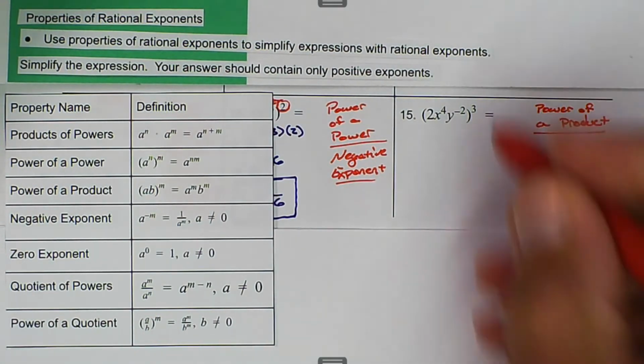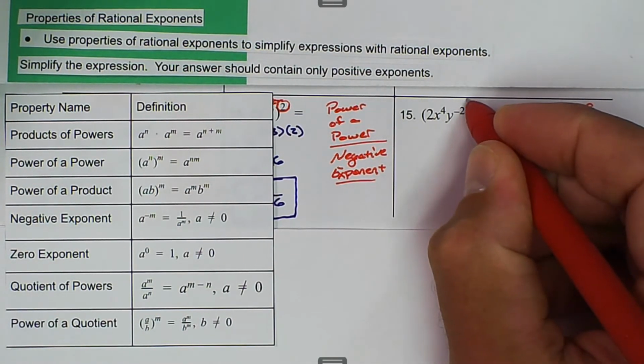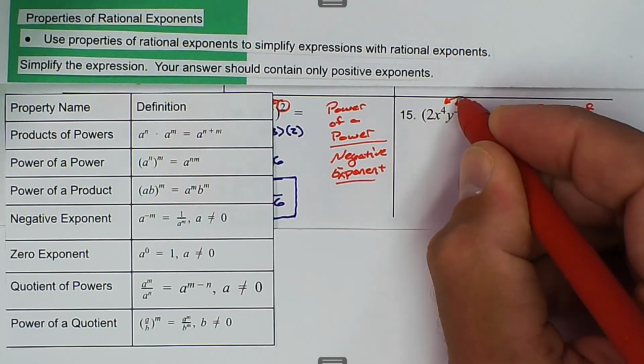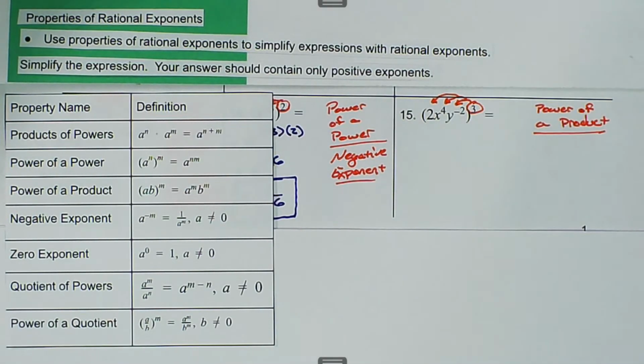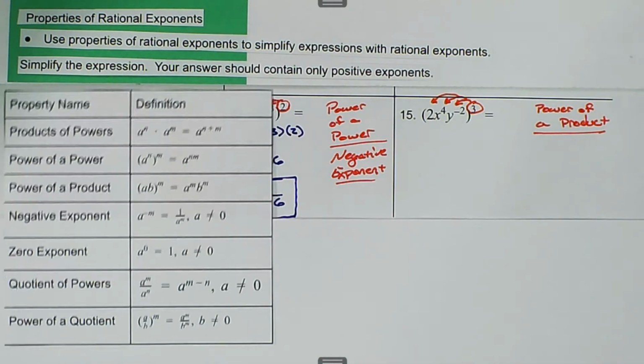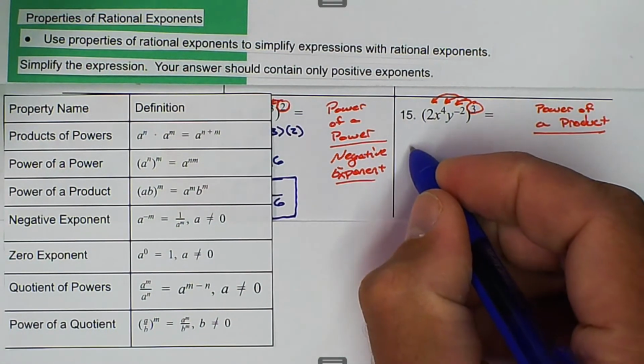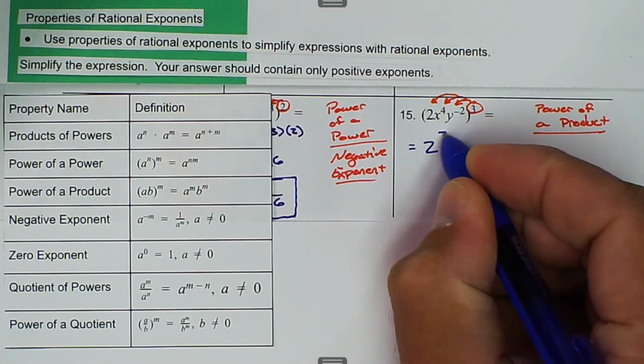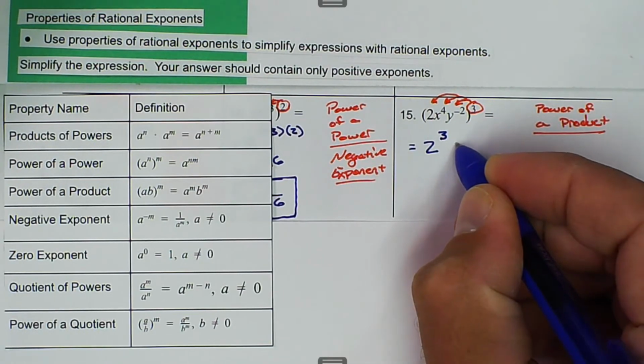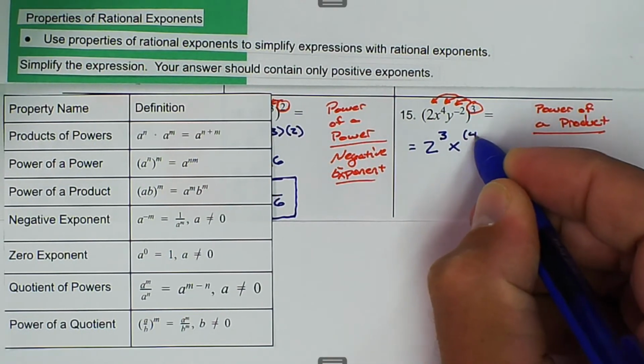And so what that means is we're going to distribute it to all parts of the product. And so then we get 2 to the 3rd, and then we have x to the 4th already.